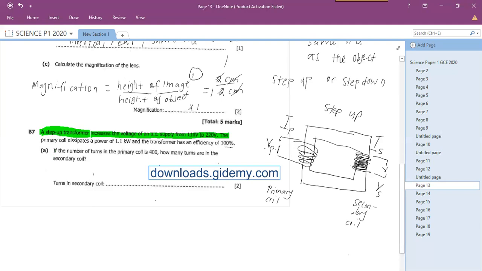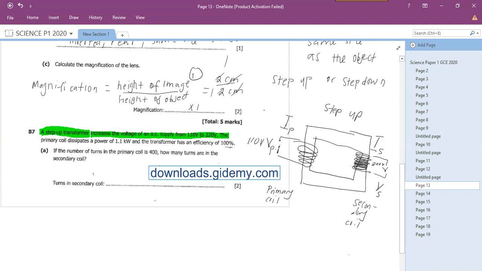So it means the voltage in the primary coil is 110 volts, and it's been increased to 220 volts. The primary coil dissipates a power of 1.1 kilowatts.